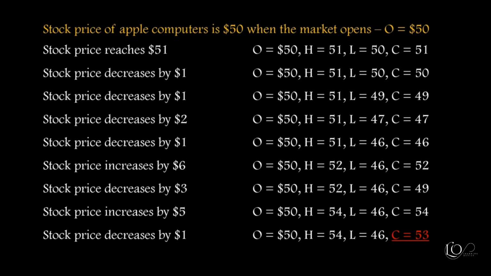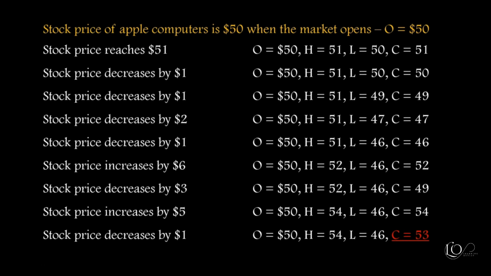You can pause the video and go back to confirm, and maybe even go through this example a couple of times so that you get the hang of how these numbers are changing and how the OHLC values are being obtained, because these values are going to show us how to create the candle that we're going to use to predict how prices are going to move. So this is very important for you to understand.